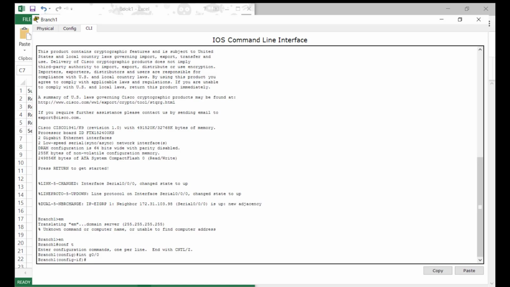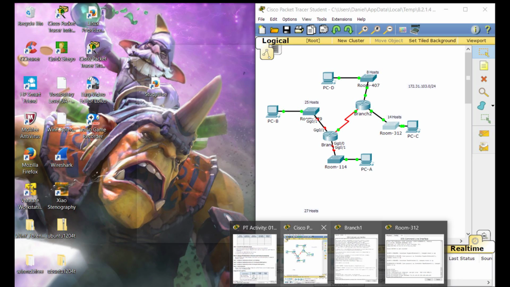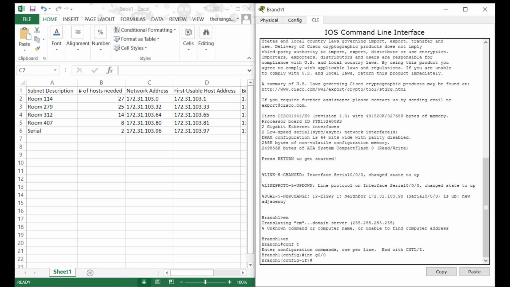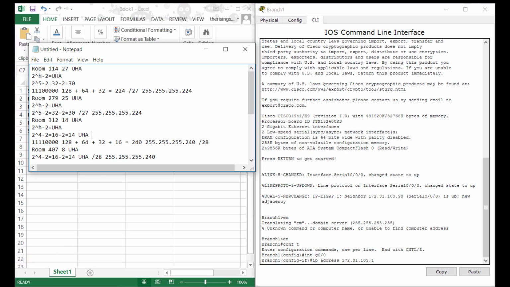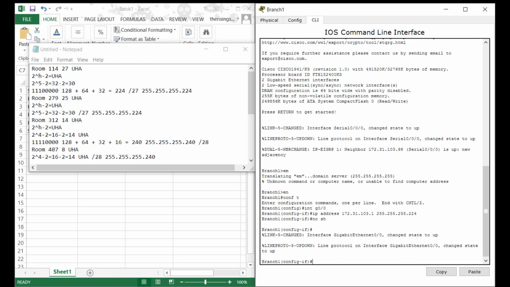This is connected to room 114. So IP address 172.31.103.1 with the subnet mask of 255.255.255.224. We're gonna go ahead and no shut this interface.